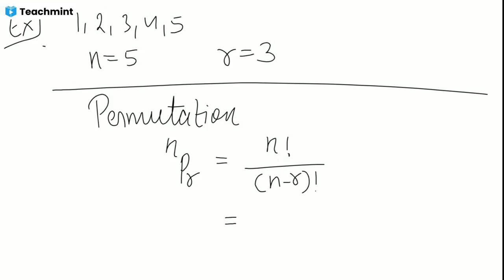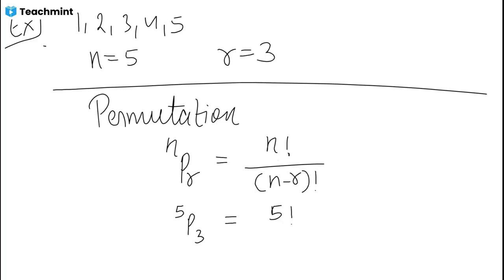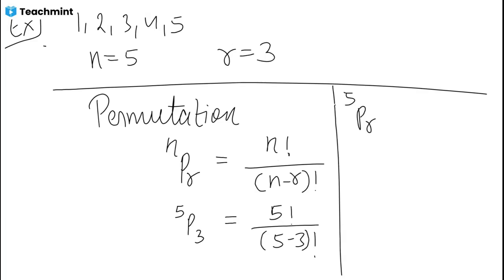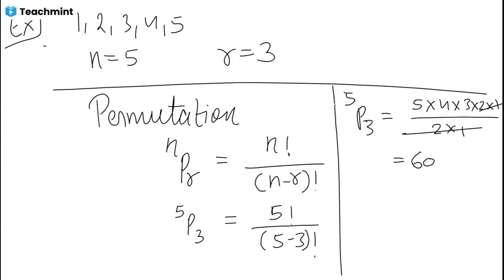Let us find it. 5P3 is factorial 5 over factorial of 5 minus 3. Let us simplify. Factorial 5 is 5 into 4 into 3 into 2 into 1, and 5 minus 3 factorial means factorial 2. So 60 pin codes can be formed by using 3 digits out of 5.